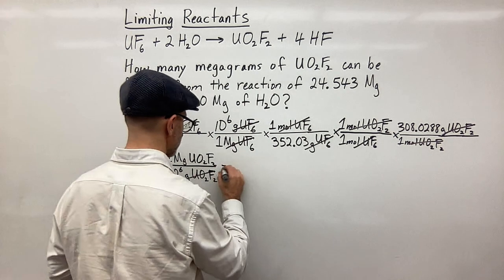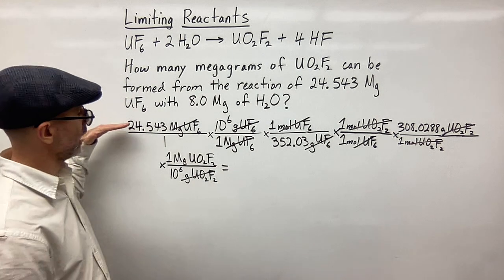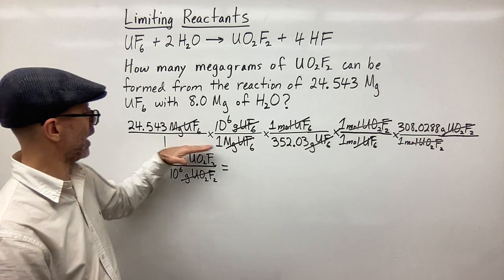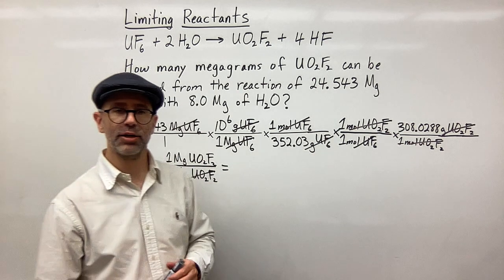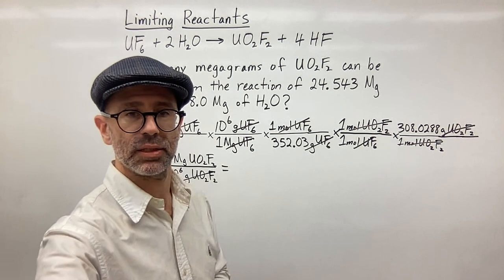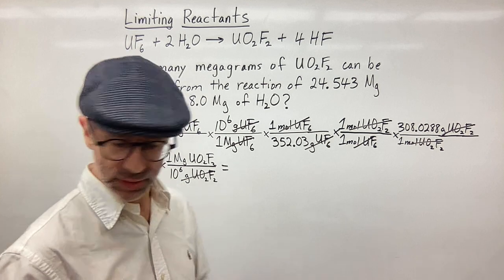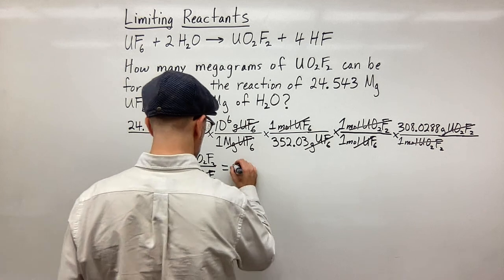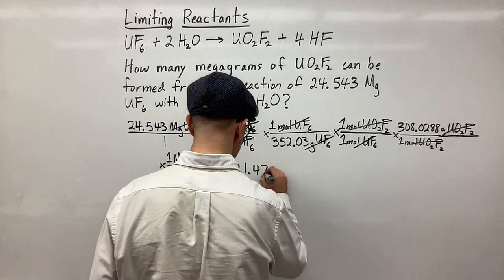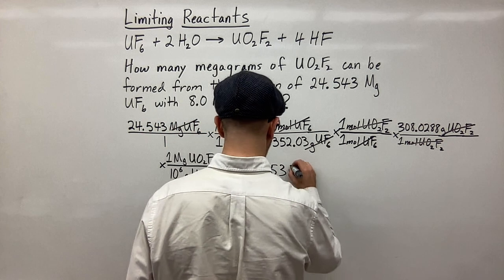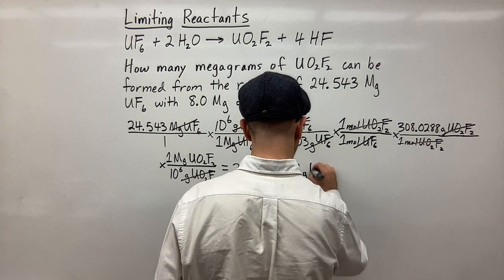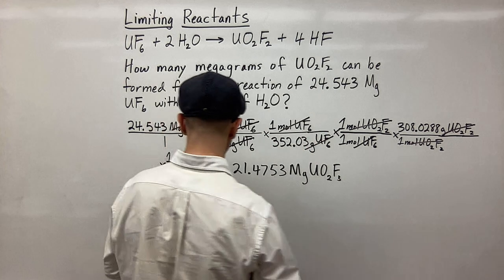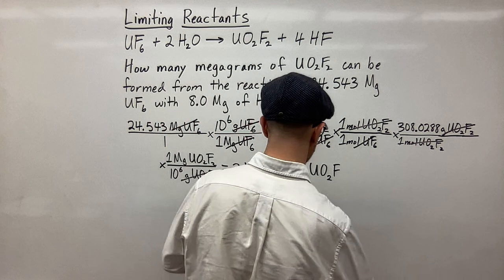So at this point, it's all about calculating. I multiply by everything on top, and then divide by everything on the bottom, and you get your answer, which is 21.4753 megagrams of UO2F2.